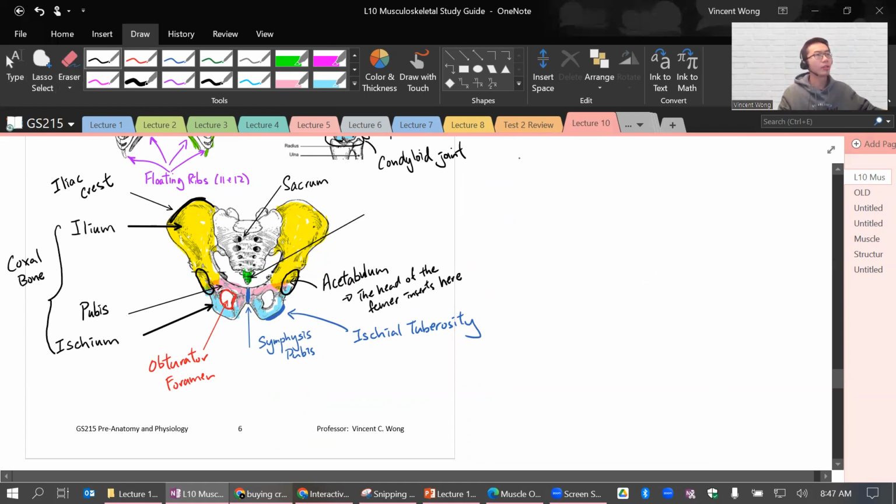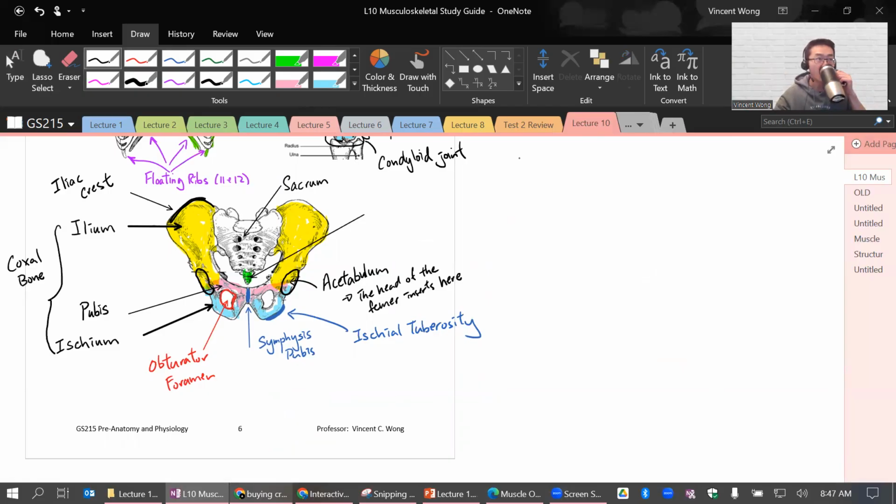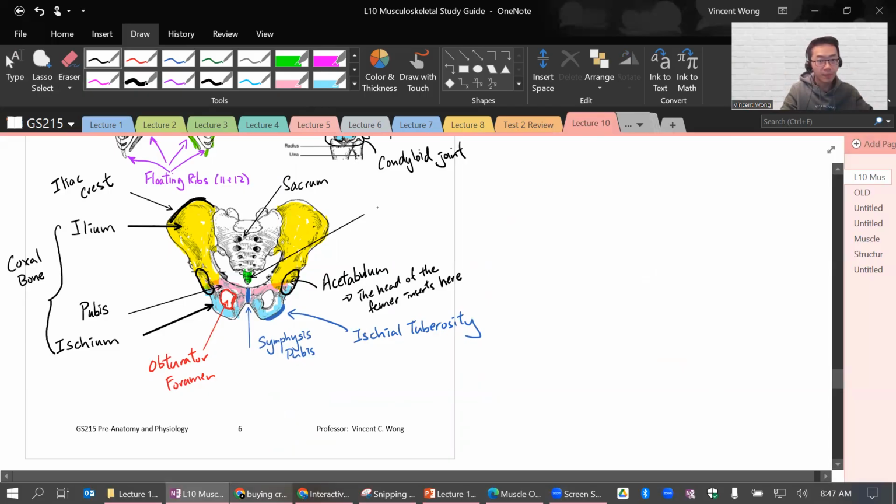Anybody remember what they're called? I mean, they're called tailbones, but then what's a proper term for it? Coccyx. C-O-C-C-Y-X. Okay, so there are 3 to 5 fused together, right? Yes, it's confusing, right? There's coxal bone, there's coccyx bone. It all sounds very similar, but I'm sure you'll manage.